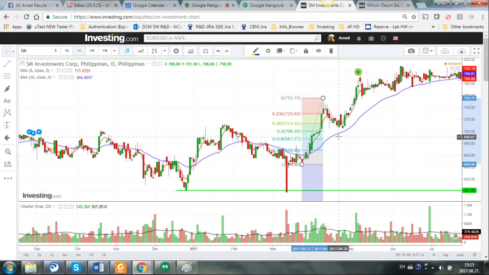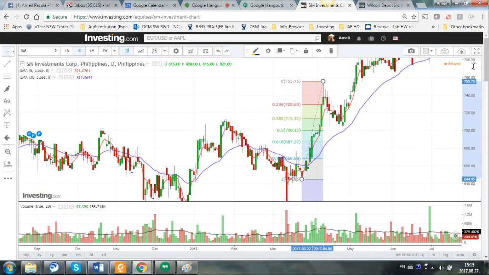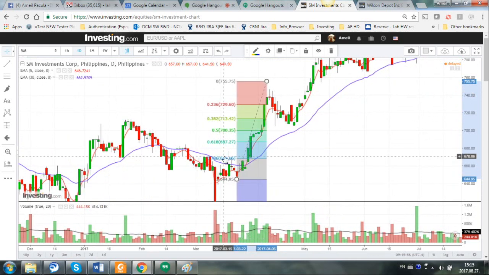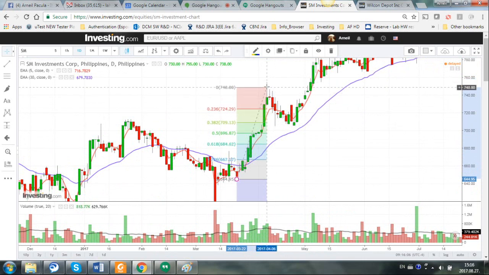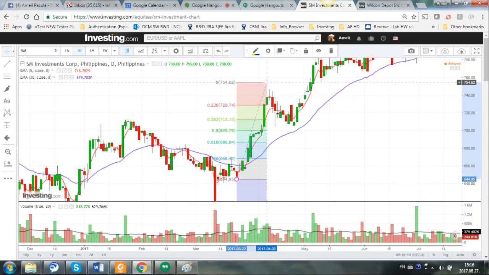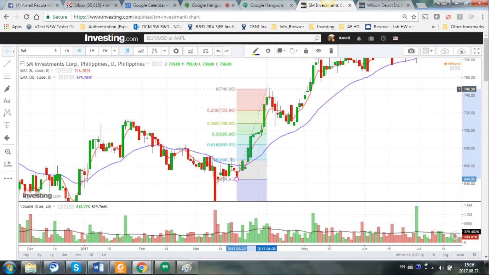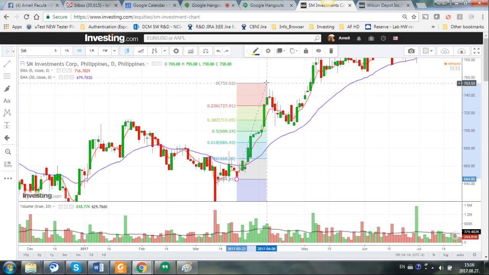So, back to the chart. Kung mapapansin mo, nag-umpisa tayo dito, tumaas siya ng ganyan. Saan siya nag-bounce back before umakyat? Okay, by the way, yung pag-pull mo dito sa kung saan siya nag-umpisang bumaba, hindi dito sa pinakataas.